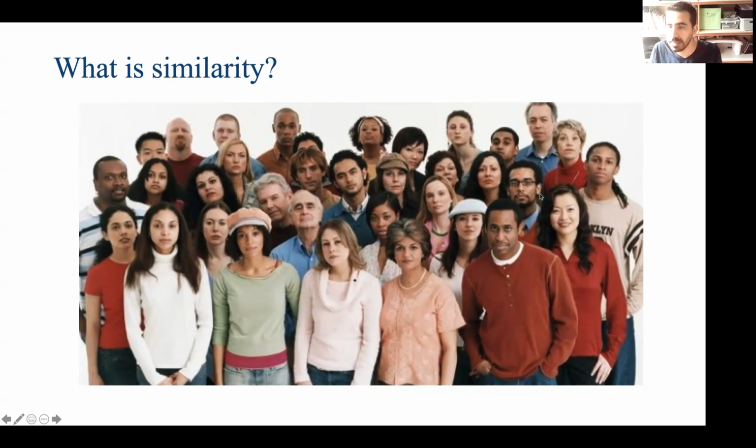For example, this man and this man seem similar based on their skin color, or this lady and this gentleman. However, with respect to gender, two females are more similar to each other. So it really depends on what you ask. What do you mean by similarity? Similarity doesn't necessarily mean genetic similarity, right?